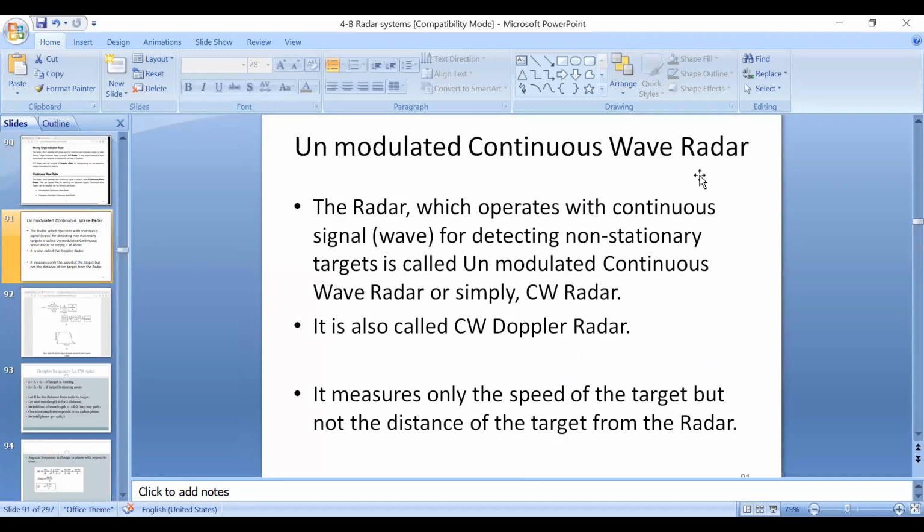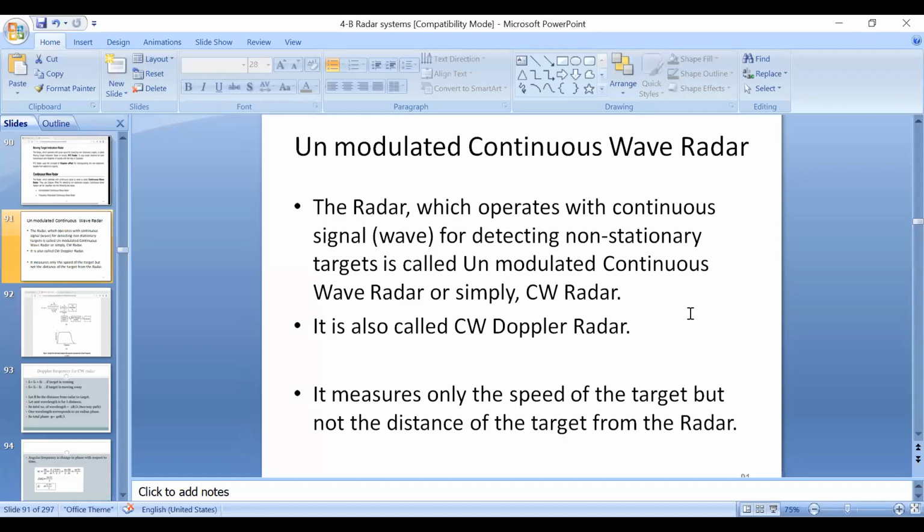That means the radar transmitting antenna transmits continuous wave, that is a continuous sinusoidal wave, as an electromagnetic beam towards the target. It doesn't use any modulation scheme in order to extend the range capability of a radar system.